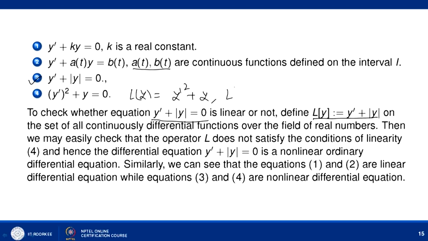You can easily check that L of alpha x plus beta y does not come out to be alpha times Lx plus beta times Ly. From this observation, we can say that 3 and 4 are nonlinear ordinary differential equations, but 1 and 2 are linear differential equations. So, we have discussed the classification based on the dependent variable, and we have checked that 1 and 2 are linear differential equations, while 3 and 4 are nonlinear ordinary differential equations.